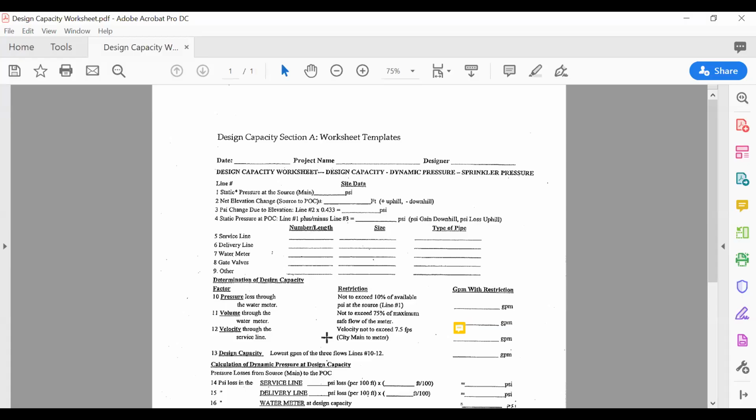So now we need to figure out these things: the pressure, the volume, and our velocity. Let me delete that. Done. We take 10% of your static, which was 70, so it's 7, right? Yep, so 7 PSI. Now we're going to go to our chart.